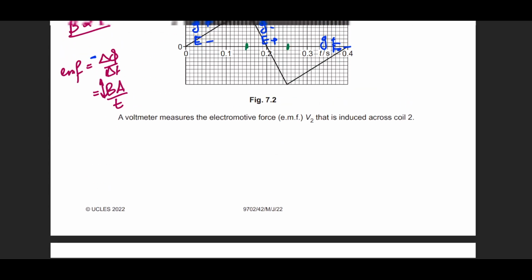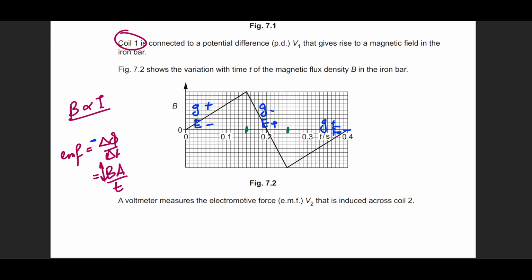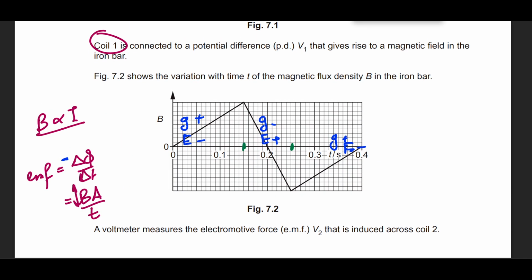Now let's figure out what will be the exact magnitude of voltage. We have to let some values and see what we can get. Let's zoom in. So first, in a time frame of 0.15 or 1.5, let's make it 1.5.